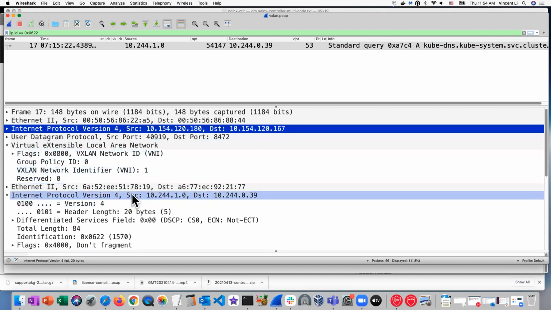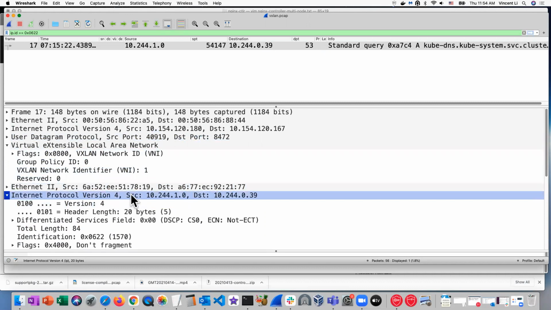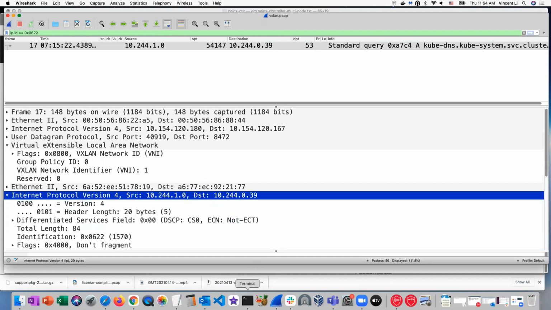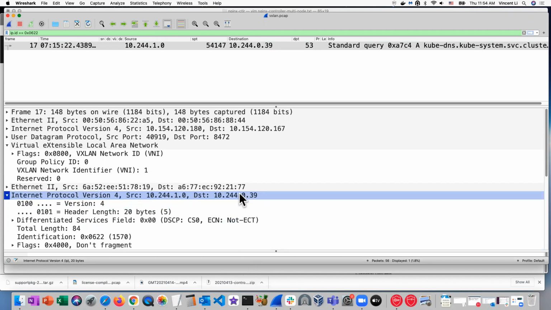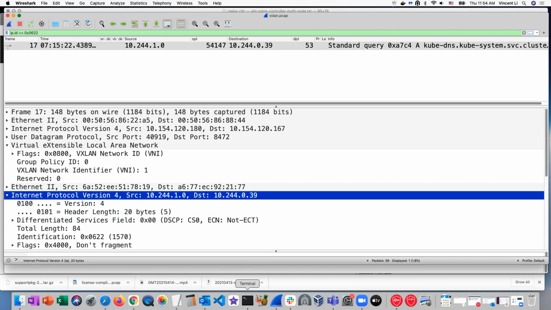This is the inner IP header for the pod. So notice the source pod IP is changed to 10.244.1.0, and this destination IP is the CoreDNS pod IP, right?